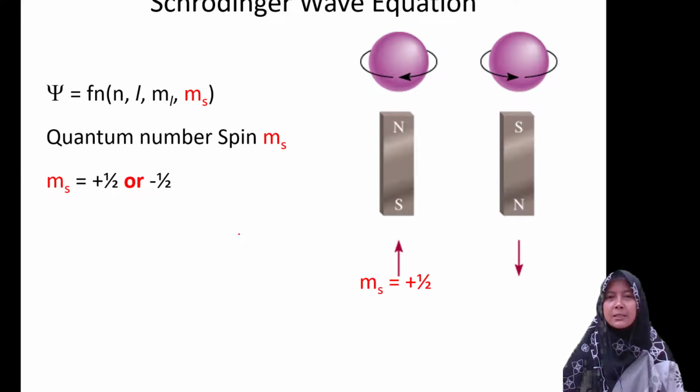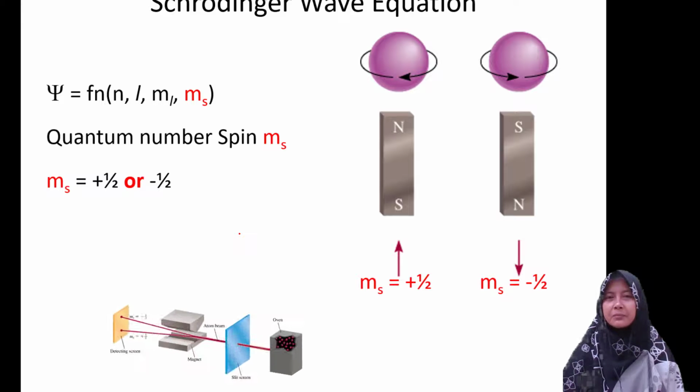The plus half is given for the arrow that goes up, and when we want to give the value for the arrow that goes down, it gives minus half.